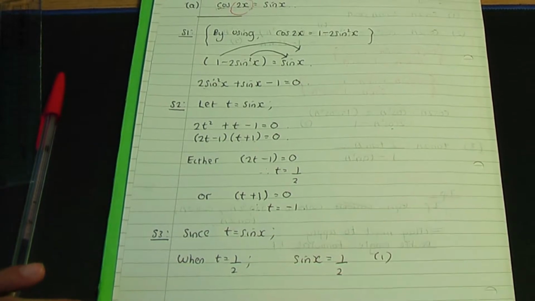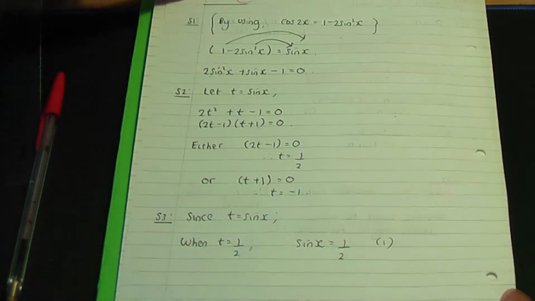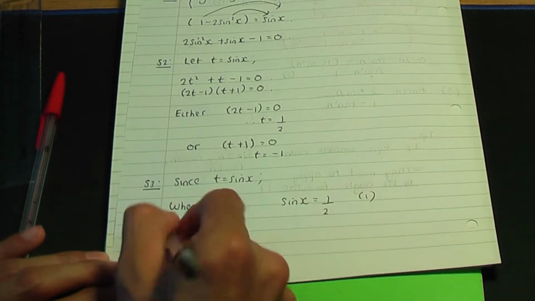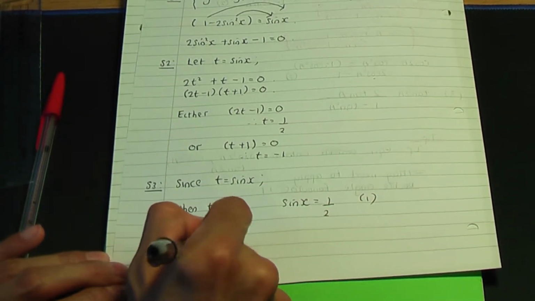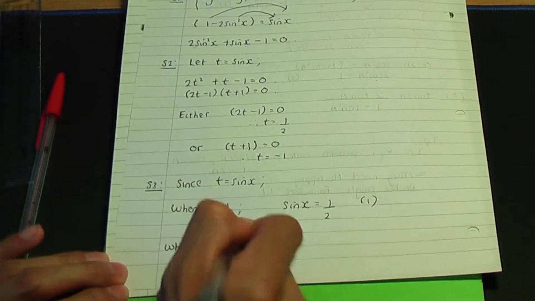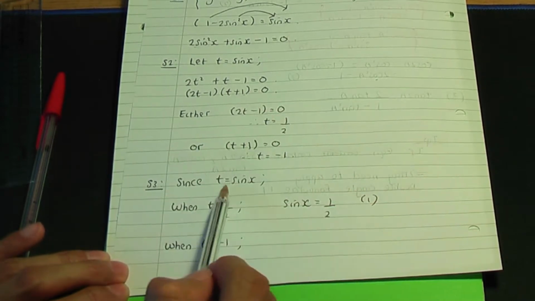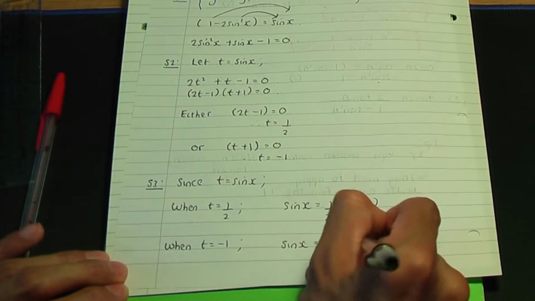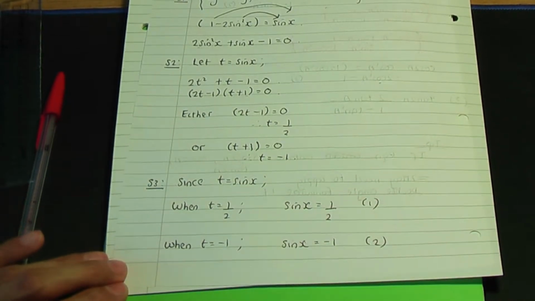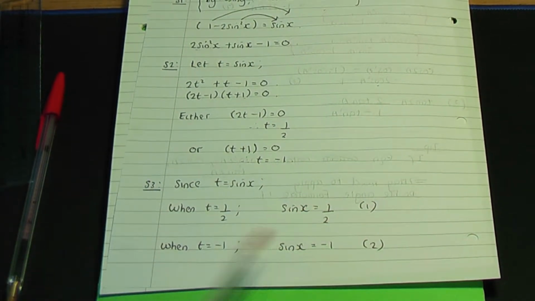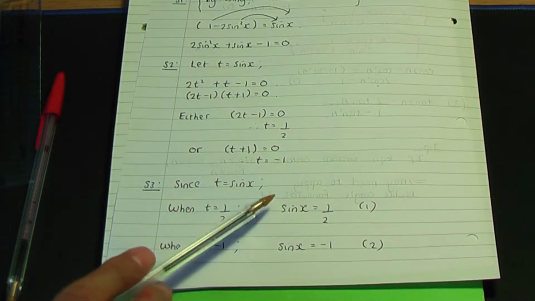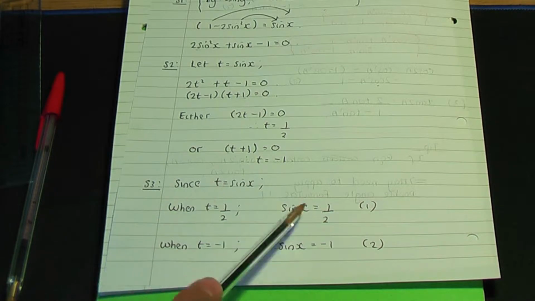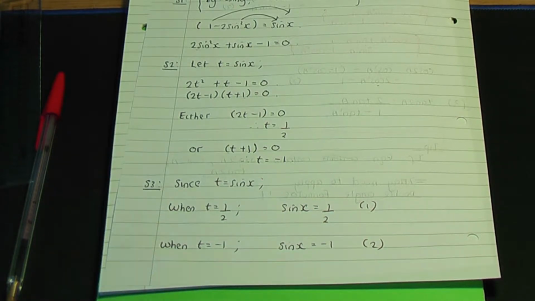I'll call that equation number 1. We'll solve that very soon. And I have another t value. When t is equal to minus 1, when I replace in my substitution, sine x is equal to minus 1. Let me call that equation number 2. So we have two equations to solve, and for each equation we need to work out the x angles between 0 and 360 inclusive.